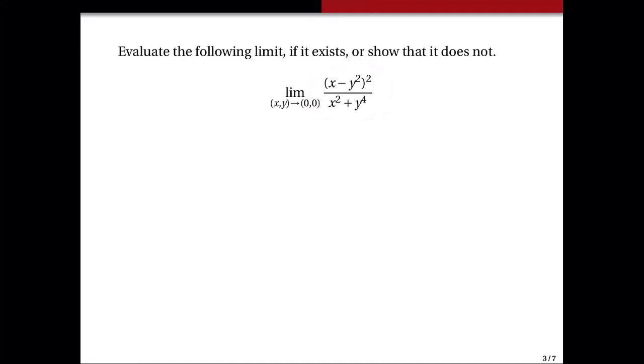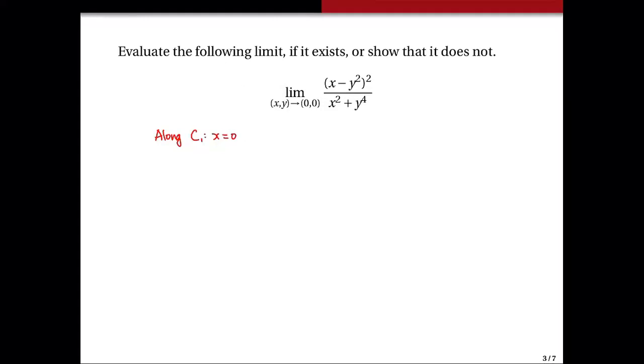So let's see. Normally we can try, along the curve, normally we use the easiest curves. So along C1, maybe x equals 0. So we fix x equals 0 and we let y just move so that it goes to 0.